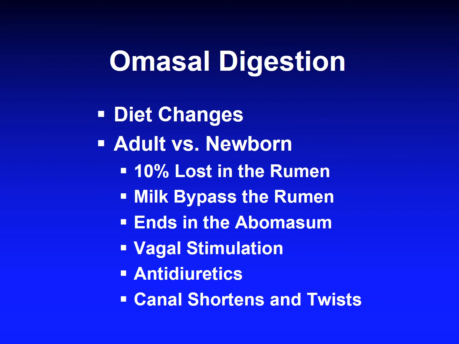And also we have to mention that this is vagally stimulated. So this process occurs under the vagal stimulation. When the vagus is stimulated, you have the groove opening, and basically the adult life starts.